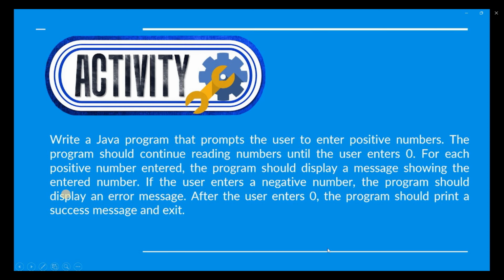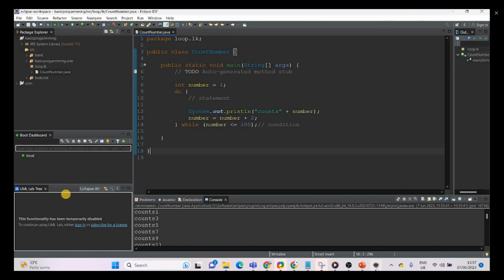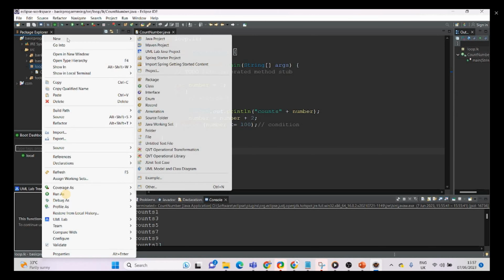So according to the user's input, if the number is positive, the system should display the success message. If the number is negative, the system should display an error message. And here 0 is considered a positive number, so if the user enters 0, you should get the success message.